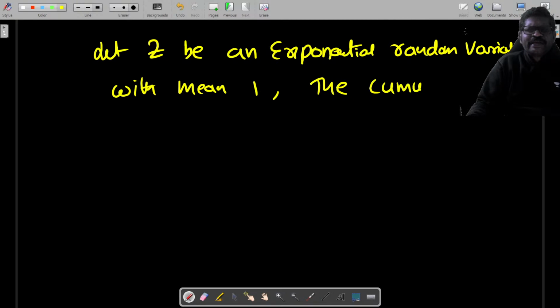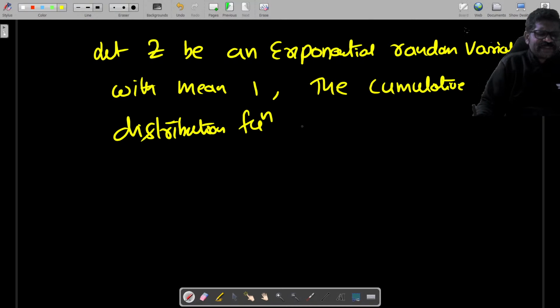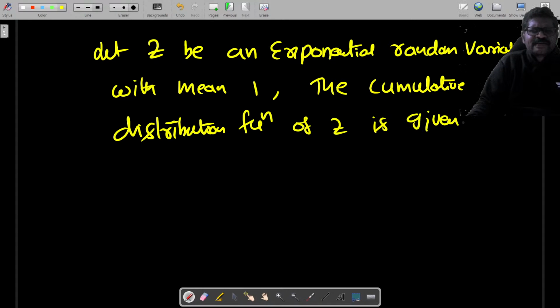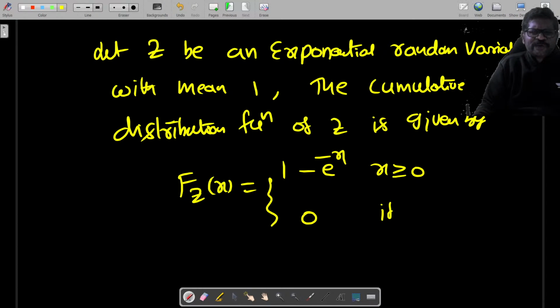The cumulative distribution function of Z is given by F_Z of x equal to 1 minus e power minus x for x greater than or equal to 0, which is 0 if x less than 0.